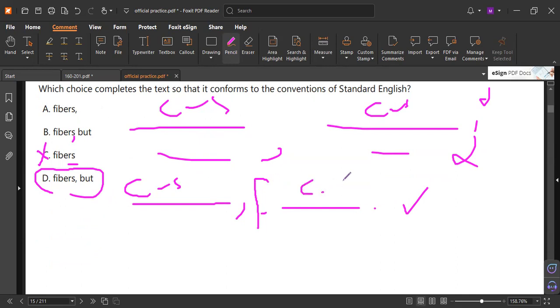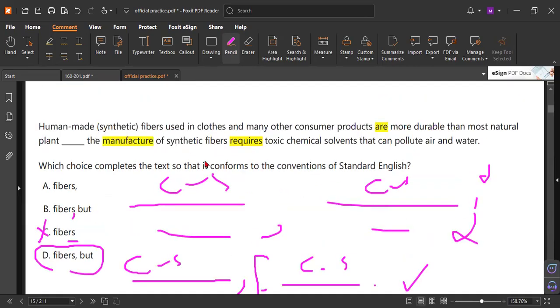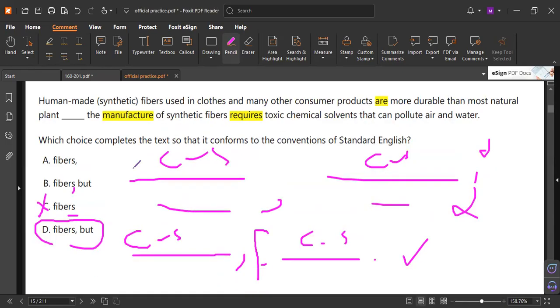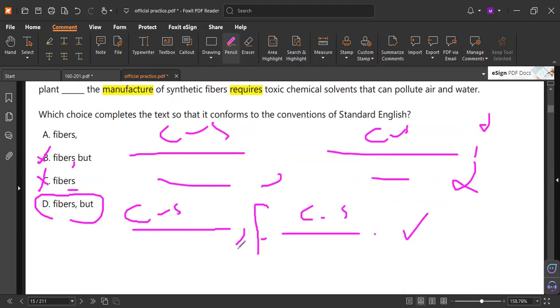Now we have exceptions. We can delete the comma if one of the clauses is short. But is that too short? It's too long. So that means it's necessary to have a comma. That means B is wrong. Another exception: we can change the comma before the FANBOYS to a semicolon if we have commas in the previous clause, to avoid confusion.